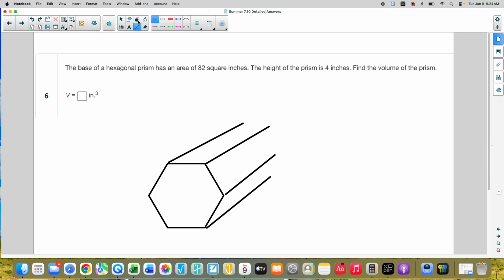Hey, not bad, right? Mr. Mac's not bad at drawing. We'll draw it like this. And we'll draw it like this. Once I get it, it's a little bit easier to draw appropriately. So there is our hexagonal prism.